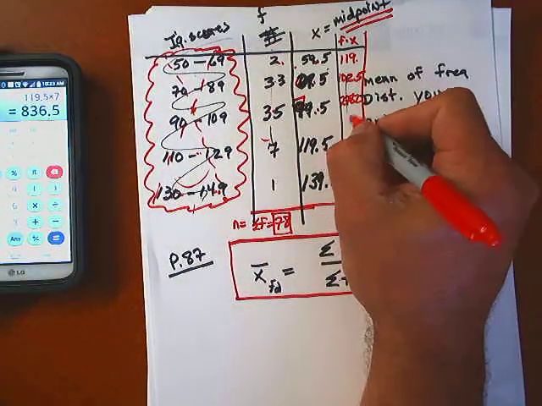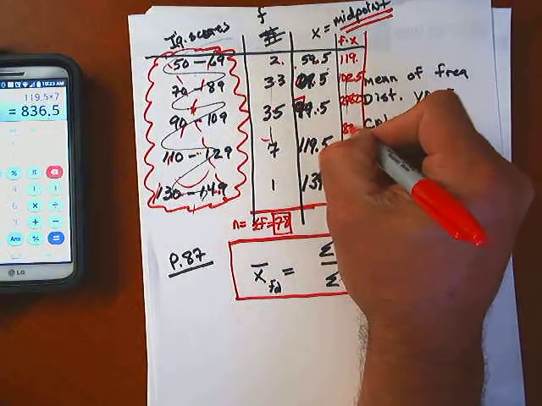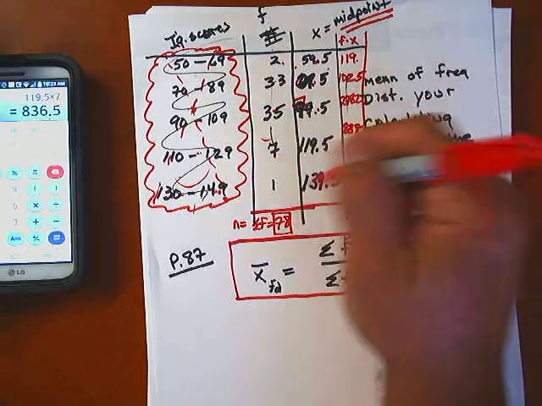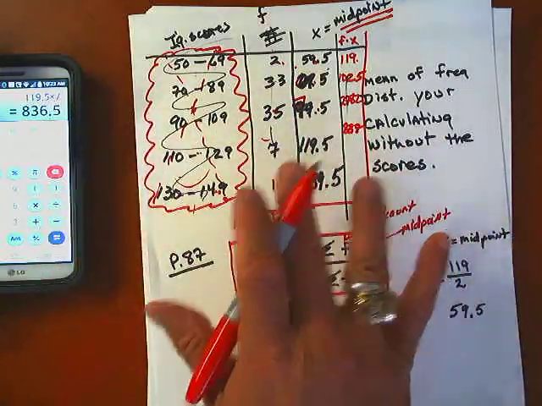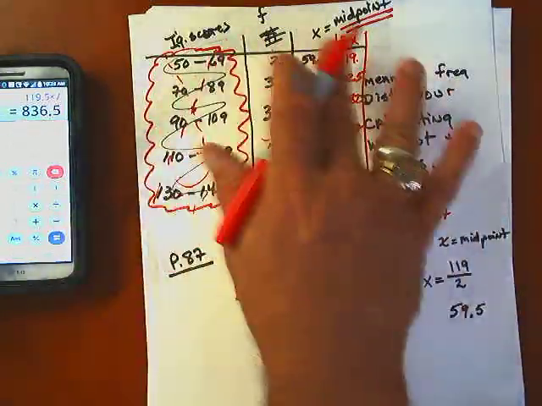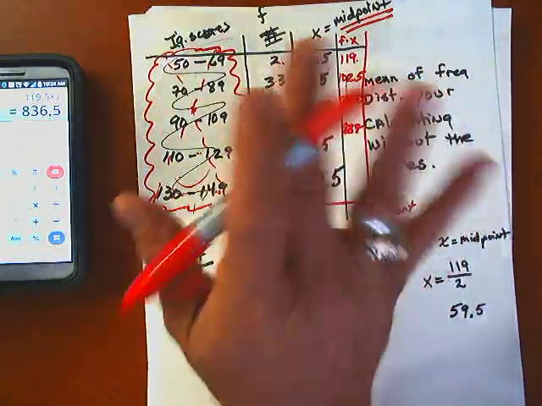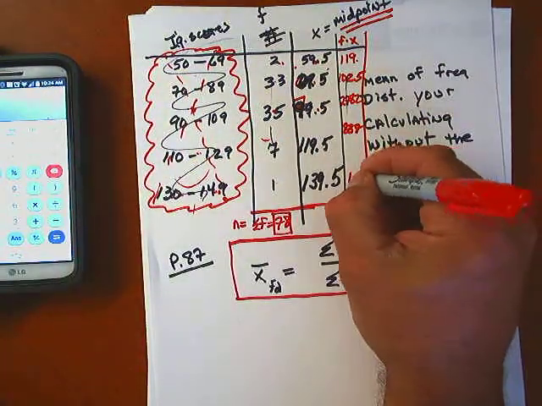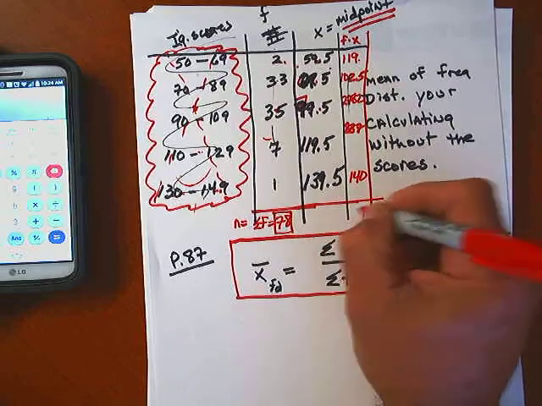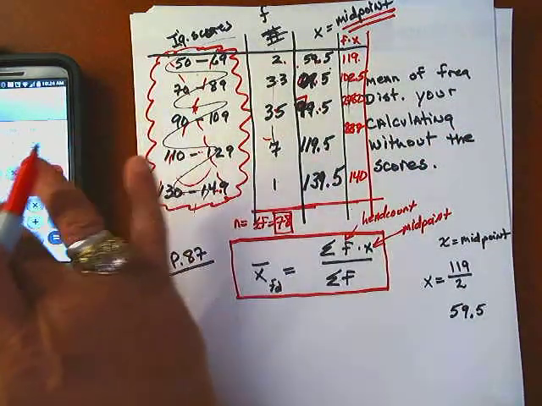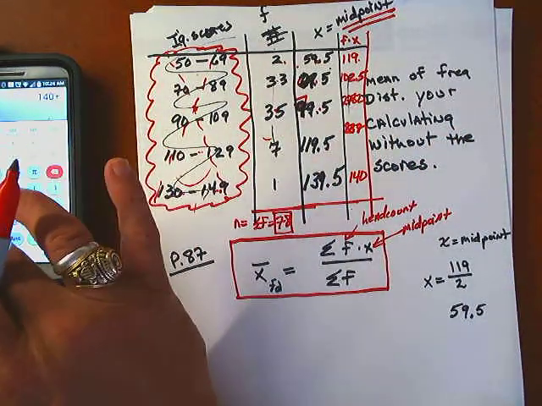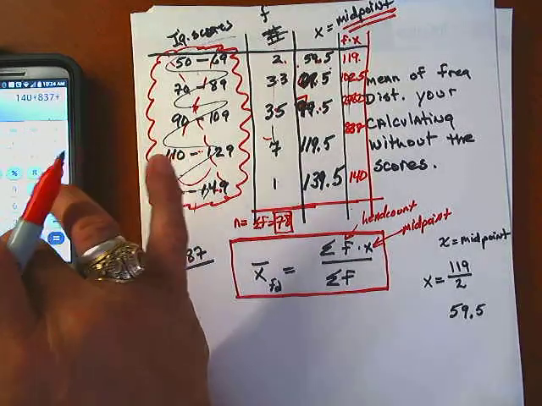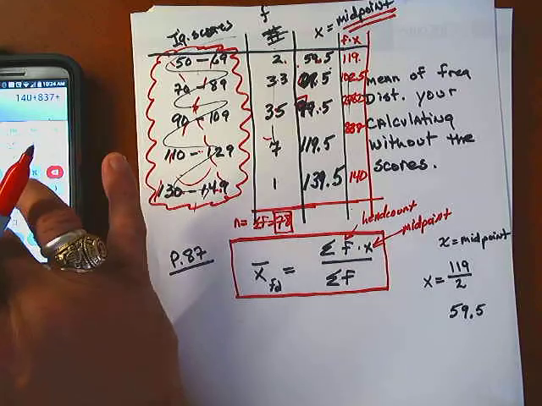No, 59, 79.5. Sorry, 79.5 times 35. Ooh, that's a big number. 2782. And then 119.5 times 7. 836. Yes, I'm not using the 837.